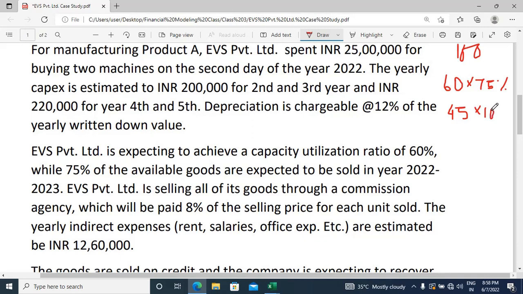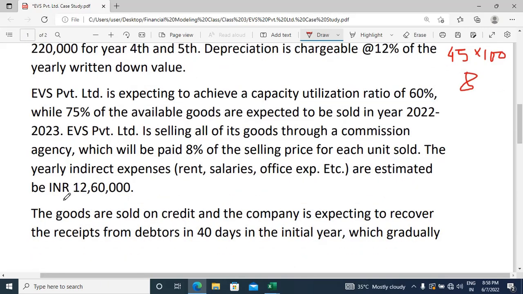Let's say 100 rupees is the price per unit. So this commission agency will get a commission of rupees 8 per unit. Now the yearly indirect expenses like rent, salaries, office expenses, etc. are estimated to be 12,60,000.